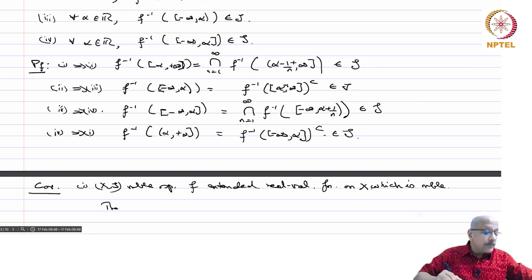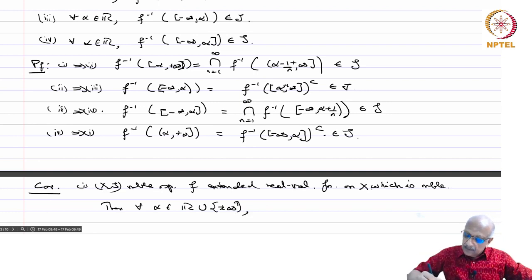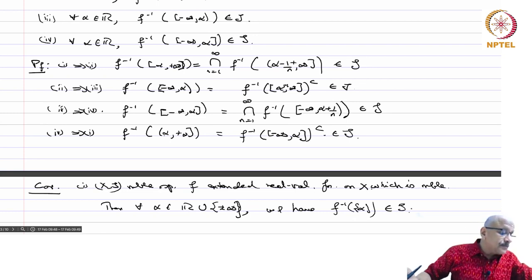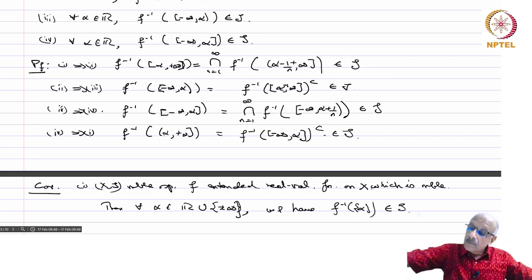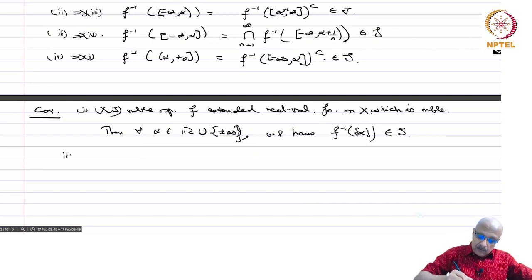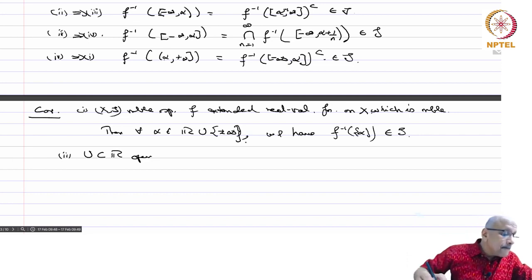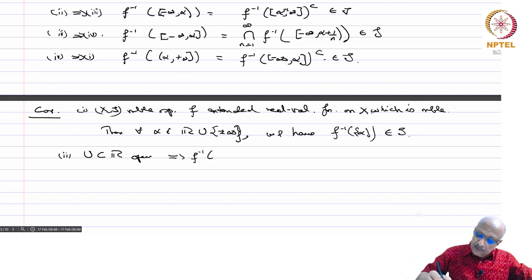Then for every alpha in R union plus minus infinity, we have f inverse of the singleton {alpha} belongs to S. Two, U contained in R open implies f inverse of U belongs to S.